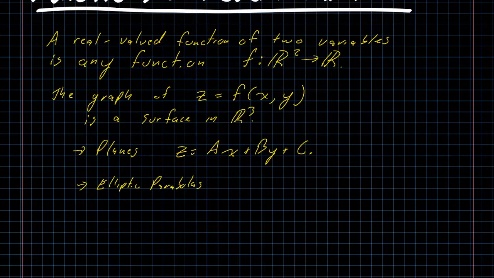The elliptic paraboloids we've talked about before. Z equals x squared over a squared plus y squared over b squared, and we can shift it around and add in some plus h, and it will still give us an elliptic paraboloid. And likewise, the hyperbolic paraboloids.